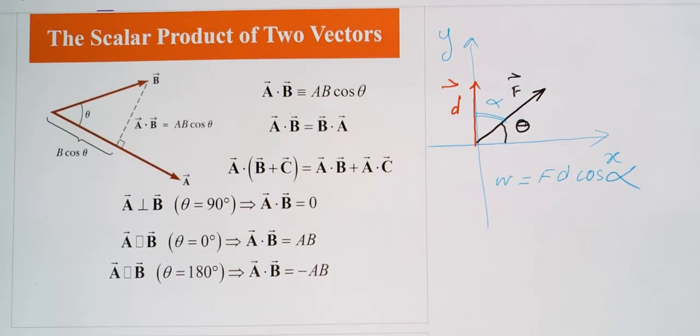We don't have a multiplication like 2 multiplied by 3 is equal to 6. In vectors, either we have dot product or we have cross product.